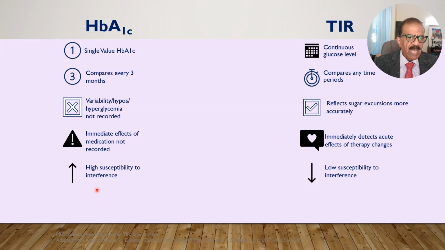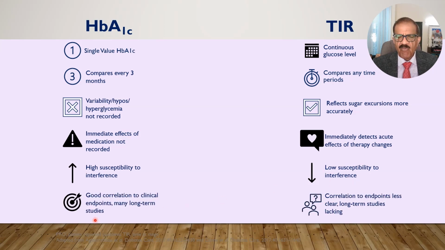HbA1c is also highly susceptible to interference because of variation in hemoglobin, whereas TIR is not that susceptible because it is actually a measurement of glucose itself.